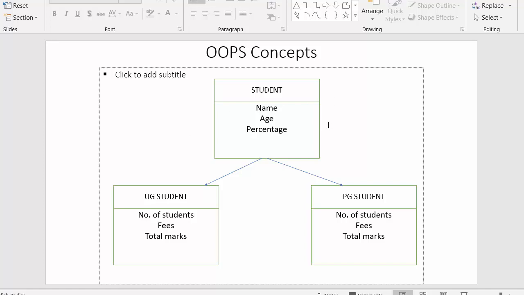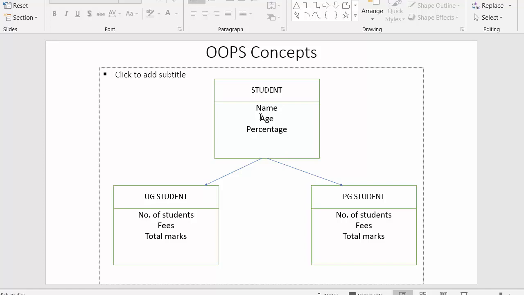Here you can see I have three classes: the student class, and from that student class I have inherited two classes, which are the UG student class and the PG student class. Now what are the common data members, the common properties of a student?